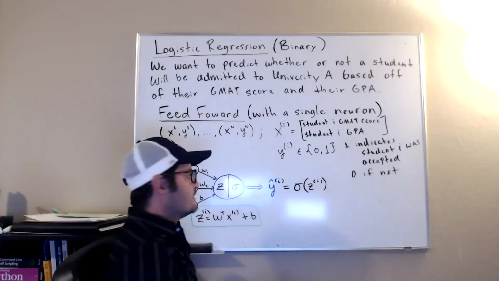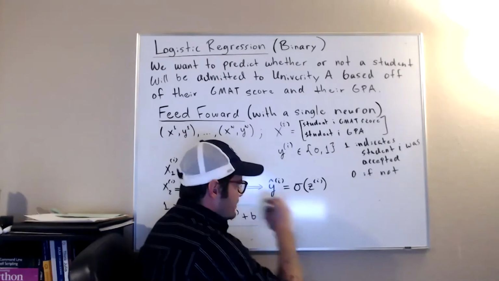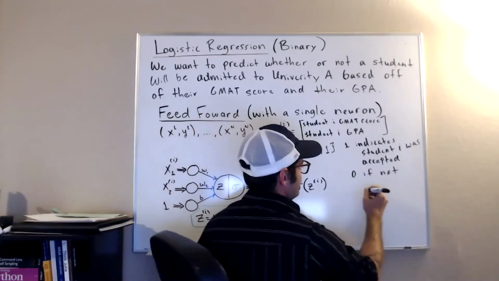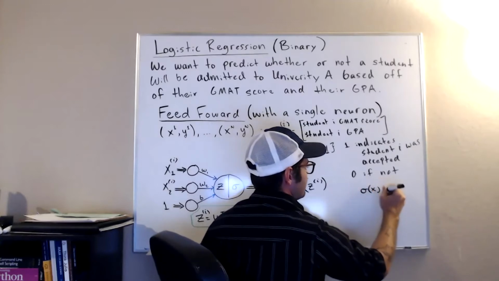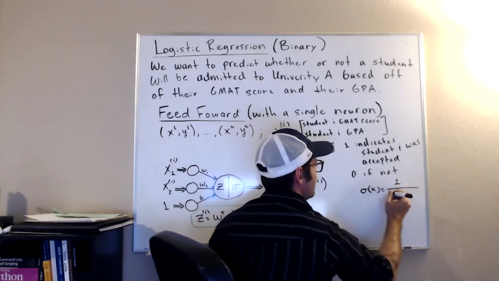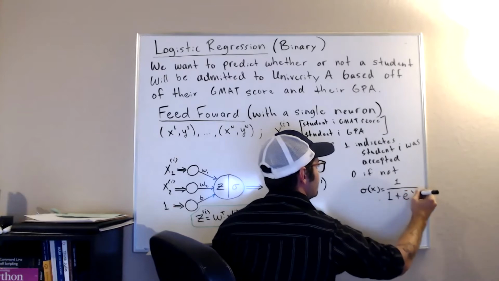Okay. Now, what is the sigmoid function? The sigmoid of x is 1 divided by 1 plus e to the minus x.